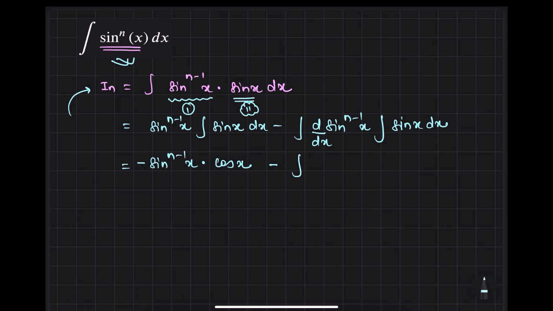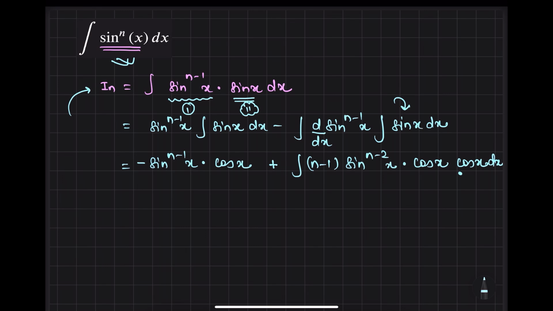Minus differentiation of the sine function: first we differentiate the power, so n minus 1 times sine power n minus 2 x, then differentiation of sin x is cos x, and the integration of sin x is minus cos x, so minus minus will become plus. Done, so this we got as the result.